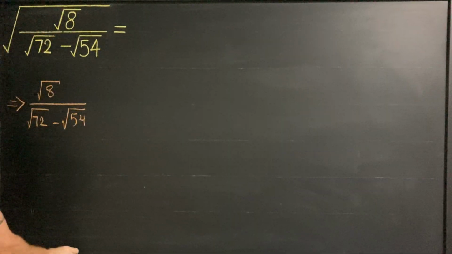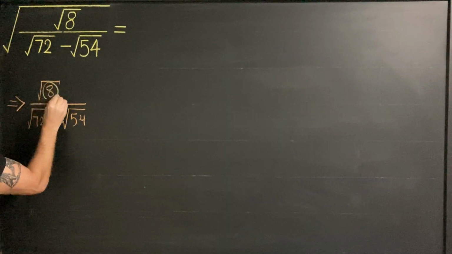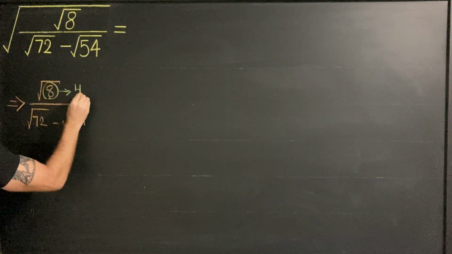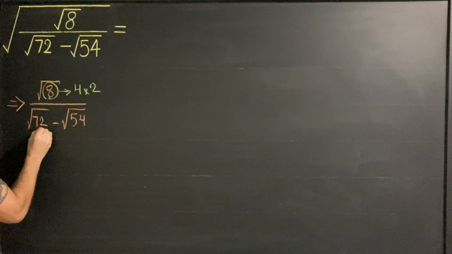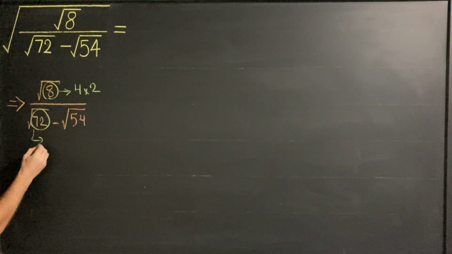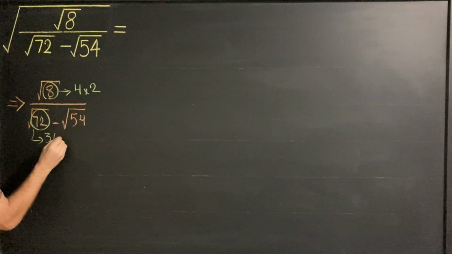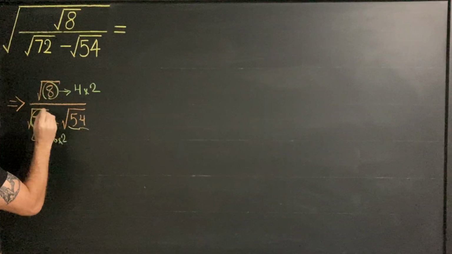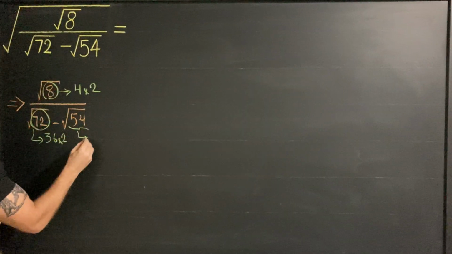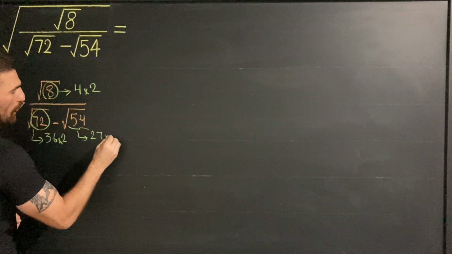54. As you know, 8 can be written as a product of 4 and 2. Also, 72 can be written as a product of 36 and 2. 54 can be written as a product of 27 and 2.